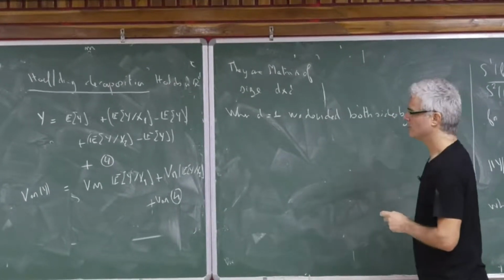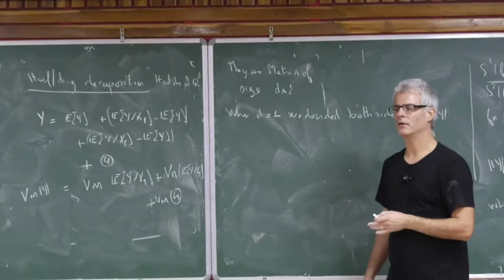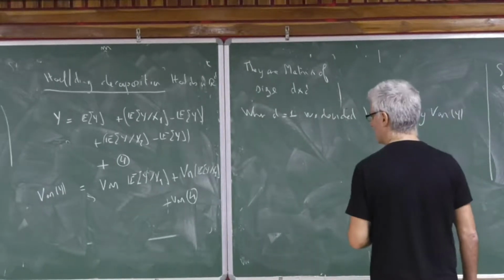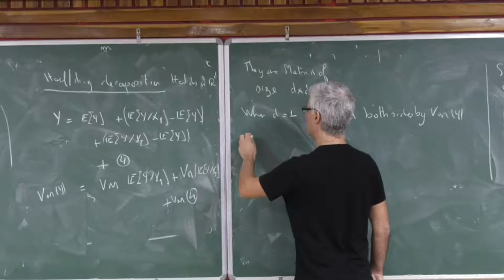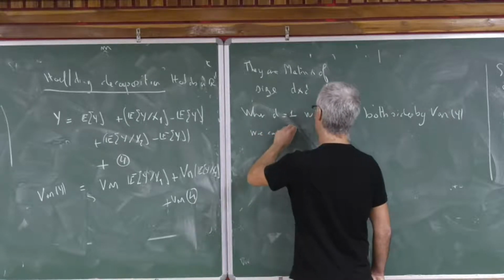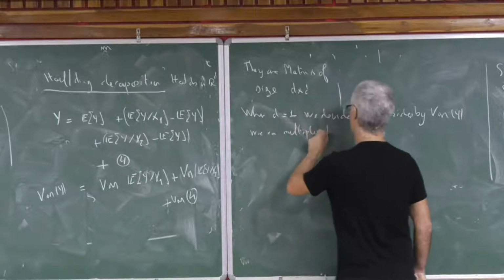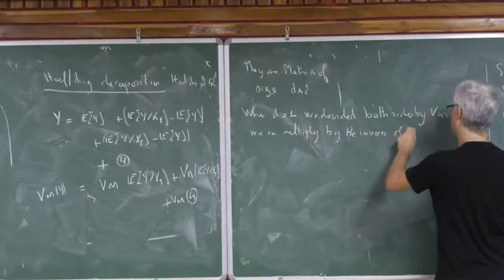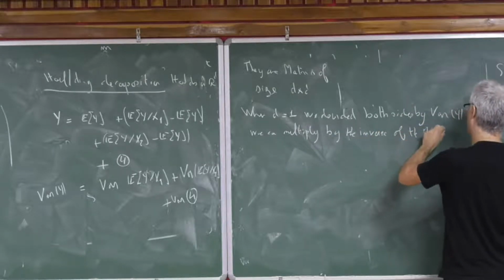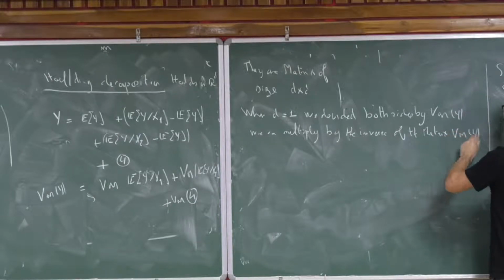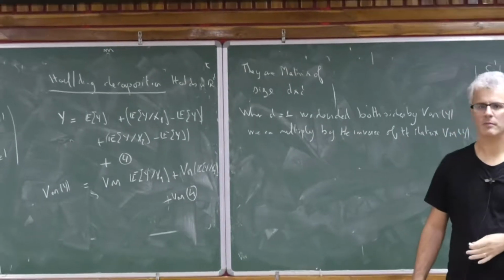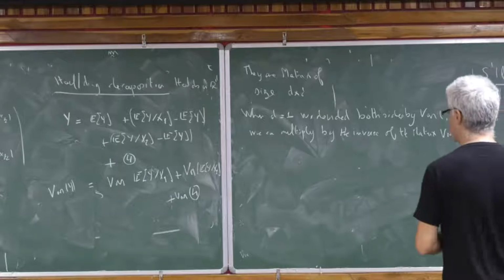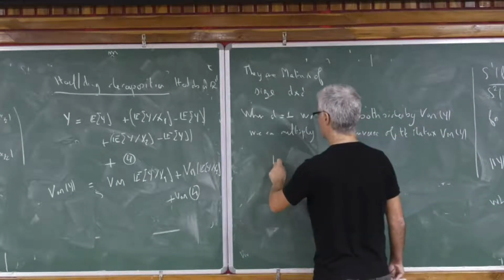Here, of course, we cannot. So what we can do is multiply by the inverse of the variance matrix. In that case, I will obtain the identity here.